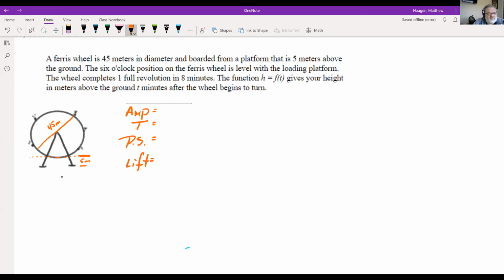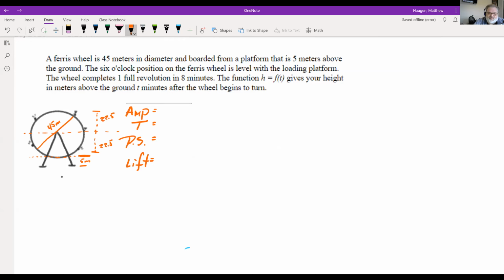Now 45 would mean it's going from 45 above its equilibrium to 45 below its equilibrium. So that would be a total swing of 90 feet. The 22.5, our equilibrium point that we're going to be above and below, the total distance there is 45, absolutely, but that amplitude is the displacement from center.